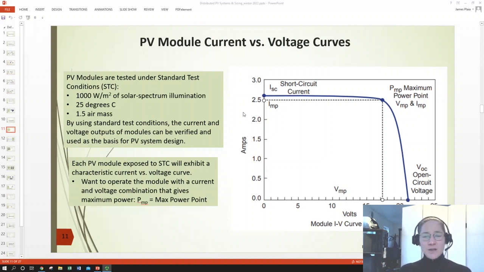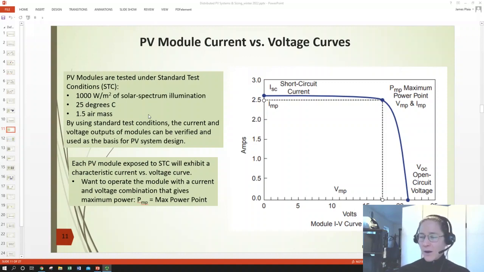So speaking of modules, you can imagine the fact that their current output is dependent on how much sunlight they're getting. How do you normalize these? How do you say this is a blah blah blah watt max power module? This will give me so much current, so much voltage under what conditions?